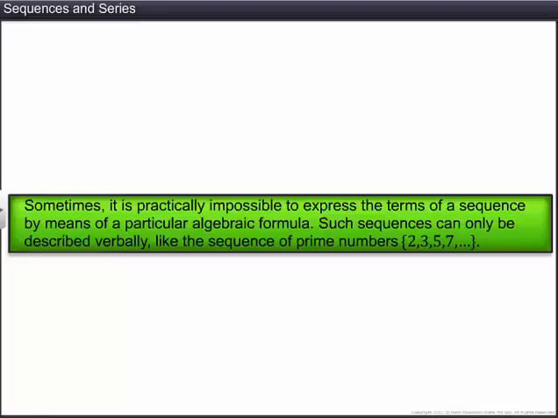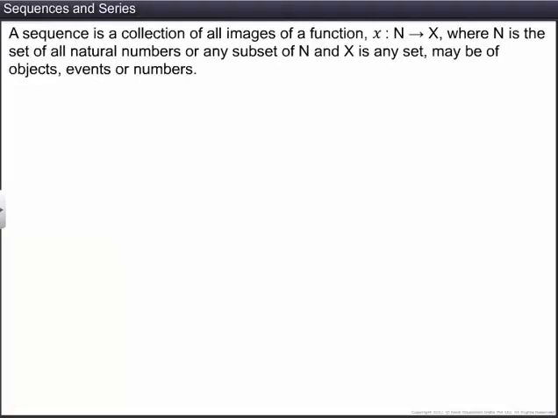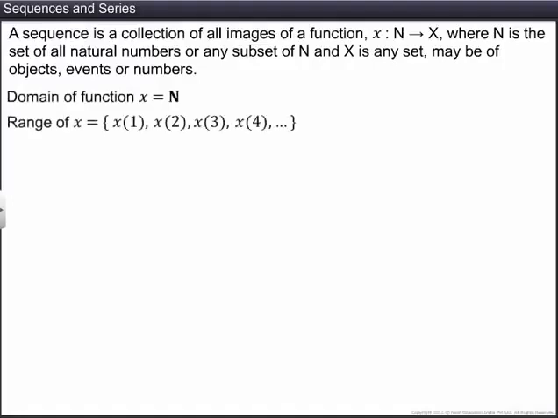A sequence is a collection of all images of a function x from n or any subset of n to x, where n is the set of all natural numbers and x is any set, maybe of objects, events, or numbers. It implies that the domain of the function is the set of natural numbers. Hence, a sequence can be defined as a collection of all images of set n under x.